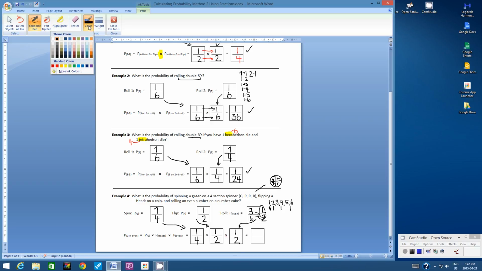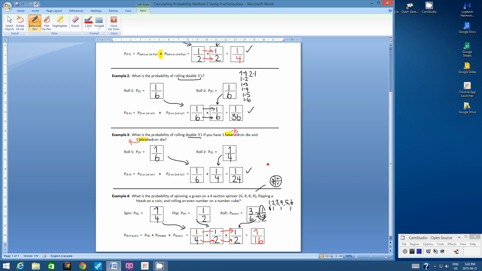So when we multiply these out, let's go step by step. 1 times 1 times 1 equals 1. 4 times 2, which is 8. 8 times 2, which is 16. Is this in its lowest form? Yes, it is, because the numerator is 1.